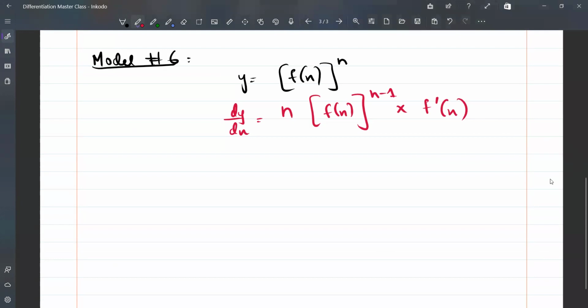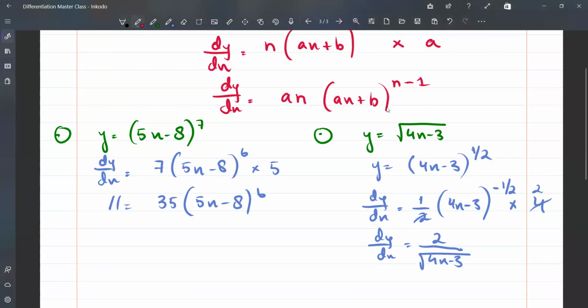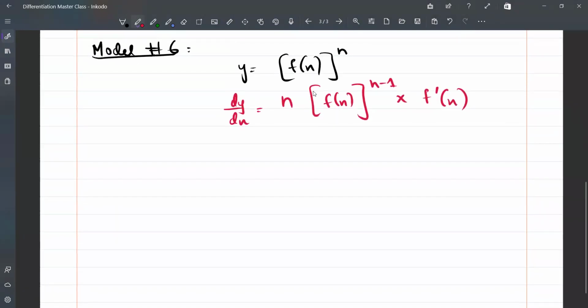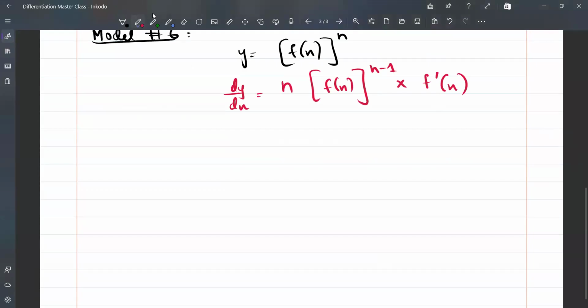All right. So this is essentially the same thing, but here the differential is a constant, and here we have a whole function, right? Let me give you an example to make things clear.